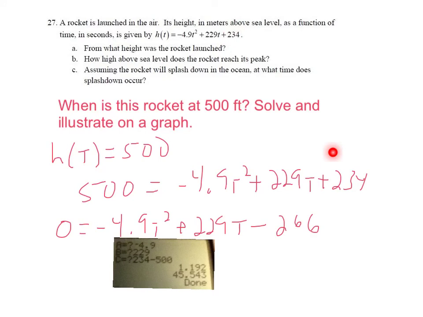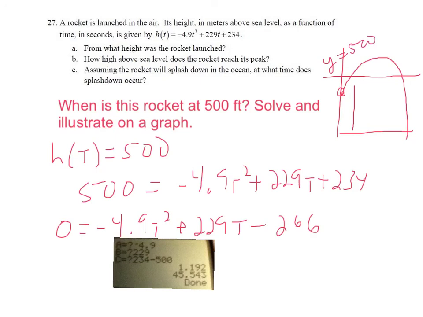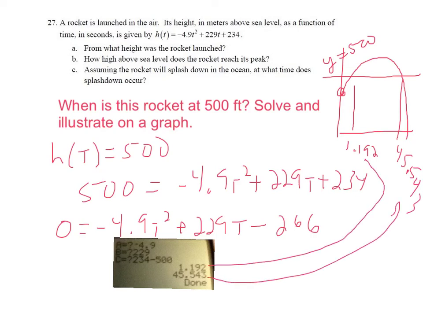So to make a little sketch of this, all we have to worry about is draw a parabola, draw the line y equals 500, and we know that x is 1.192 seconds, and we know this x is 43.543 seconds. Okay, to get you used to thinking about things that way. Hope this helps.